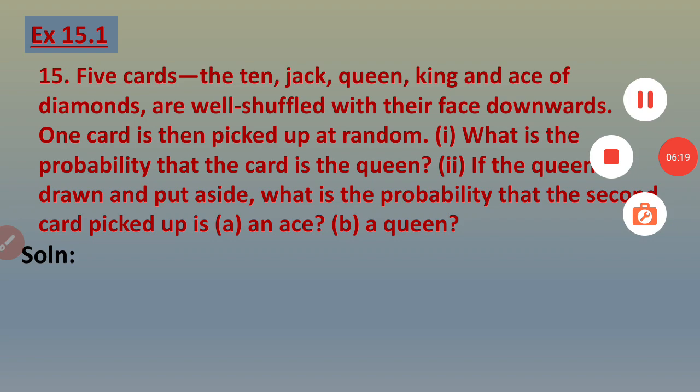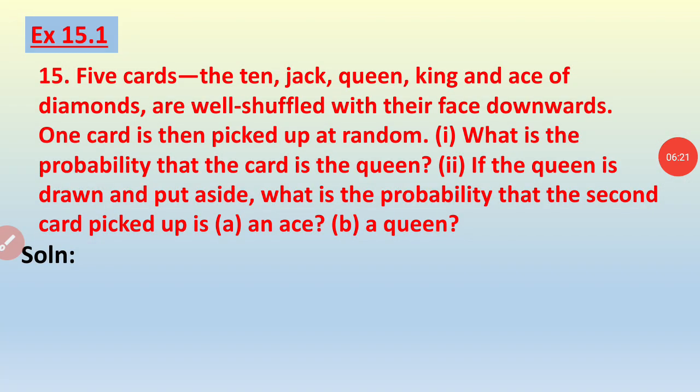So we'll try to find out the probability of having the Queen. Now there are 5 cards which are kept with their faces downwards. Out of them there is only one Queen. So the probability of getting the Queen will be 1 upon 5.